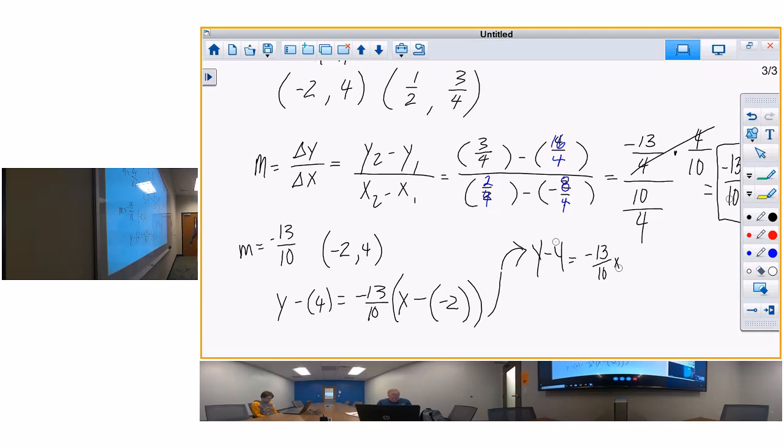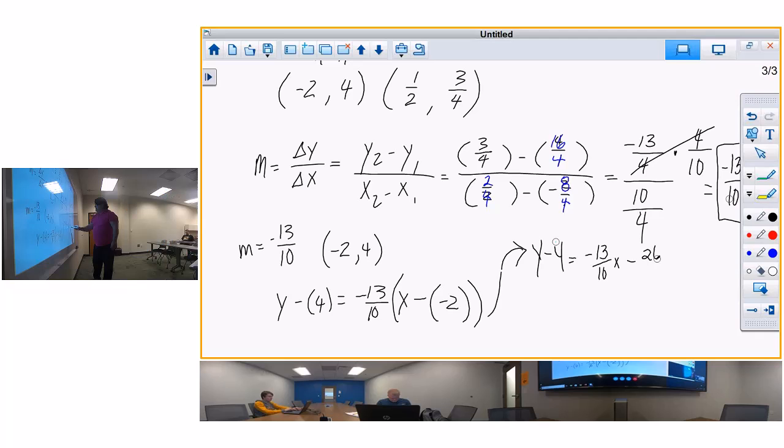And that plus 2, 13 times a negative 13 times a positive 2 is a negative 26 tenths. Bring this over, which will be positive, is that a positive? It's a negative. Positive 40 tenths. And y is equal to negative 13 tenths x plus 13, or 14, what is it, 14 tenths?